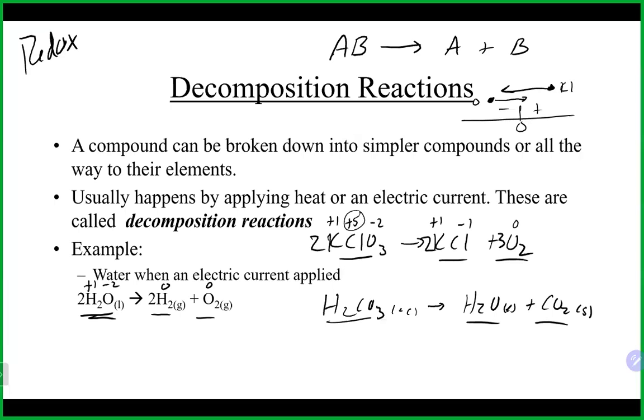Single replacement and combustion reactions are all basically redox reactions. So to summarize here, two big classifications of reactions: double displacement, and more specific ways to classify a double displacement reaction are a precipitation reaction, which obviously accounts for our solid being formed, and our acid-base reactions, which basically account for water being formed.